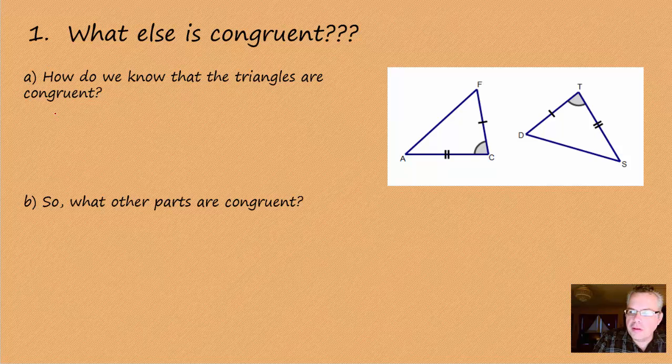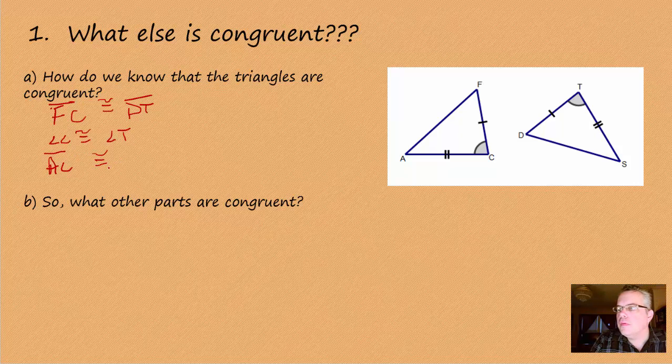So we know that FC is congruent to DT, angle C is congruent to angle T, and segment AC is congruent to segment ST.